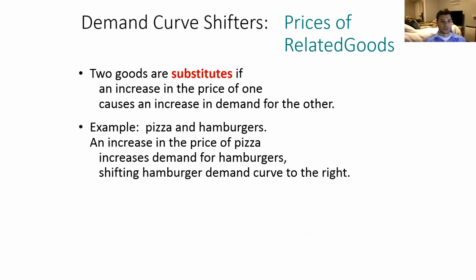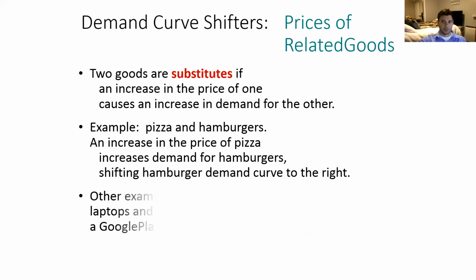Some of those consumers are going to switch and show up as buyers now in the hamburger market, meaning effectively the number of buyers in the hamburger market has gone up, and this again shifts the demand curve to the right. So if we have an increase in the price of pizza, demand for hamburger shifts to the right. If the price of pizza had dropped, then the pizza market steals some consumers from the hamburger market, causing the demand for hamburgers to shift instead to the left.